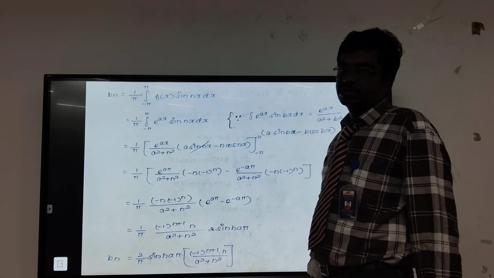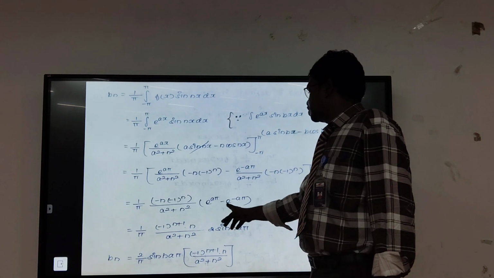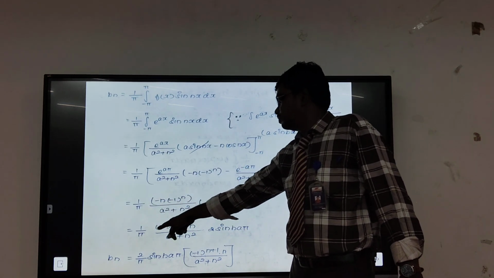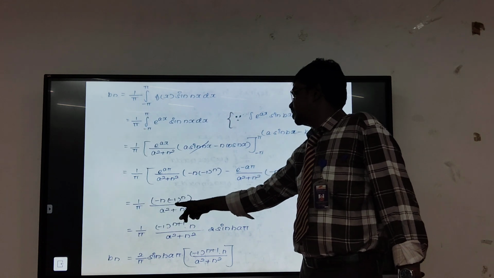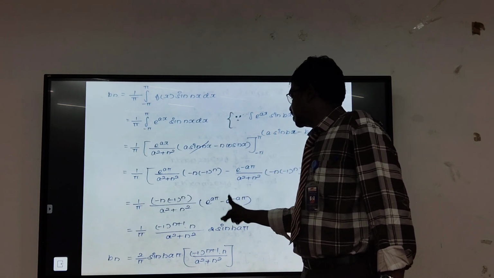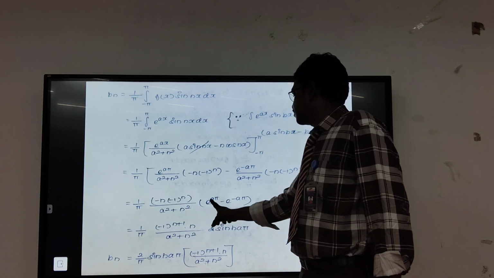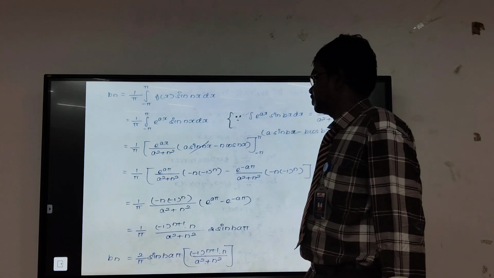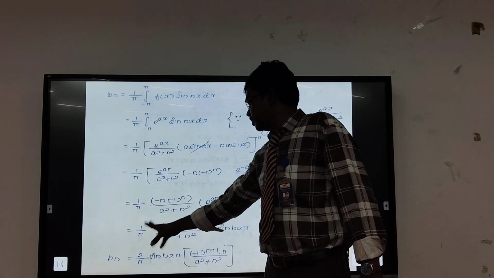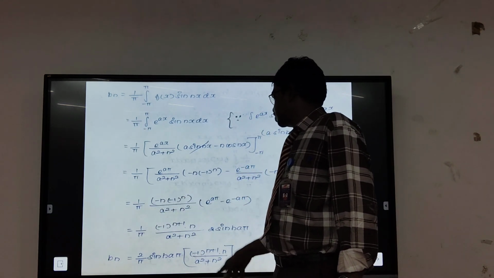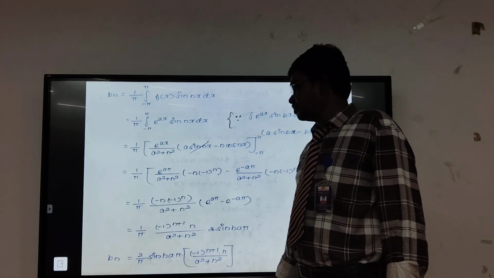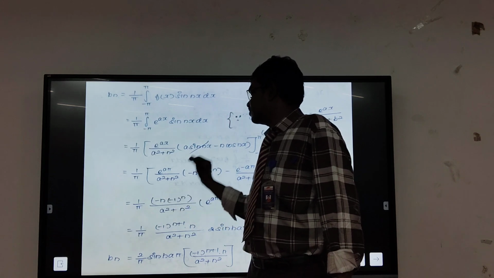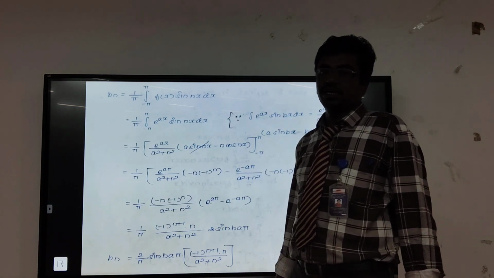So for sine hyperbolic, therefore by 2 we can introduce 2 here, therefore 2 by pi, n minus 1 power n by a square plus n square. This is sine hyperbolic a pi. Therefore by 2, so we can adjust this as 2 sine hyperbolic a pi. 1 by pi is constant, a square plus n square. Here n is taken outside, minus of minus 1 power n.